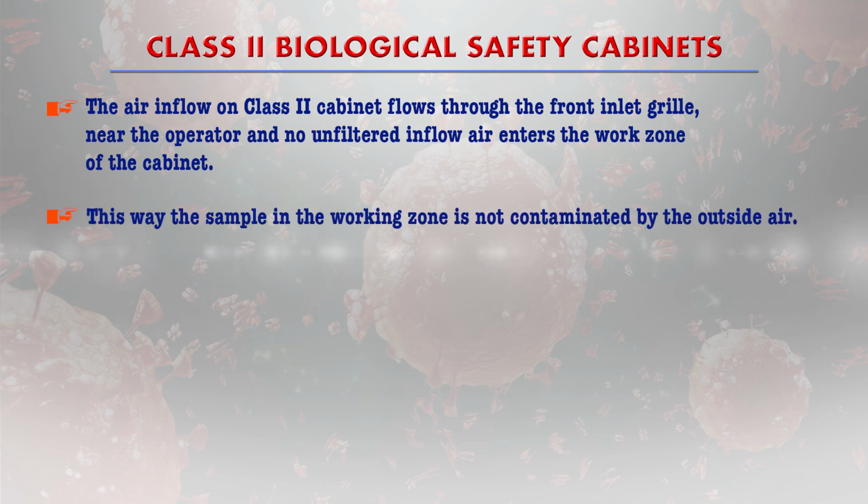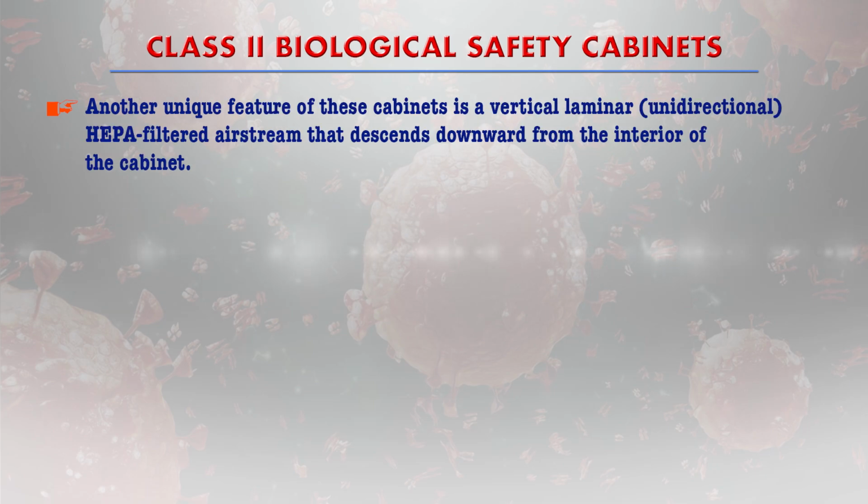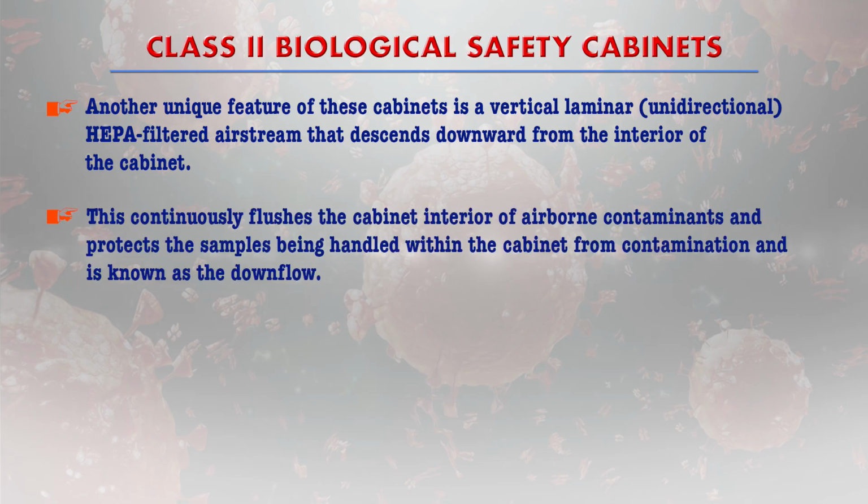So this is still safer, and in this way the sample in the working area is not contaminated by the outside air. Another feature of these cabinets is a vertical laminar, that is unidirectional, HEPA filtered air stream, which descends downward from the interior of the cabinet. This will continuously flush the cabinet interior of airborne contaminants, and it will protect the samples being handled within the cabinet from contamination, and this is known as the downflow.